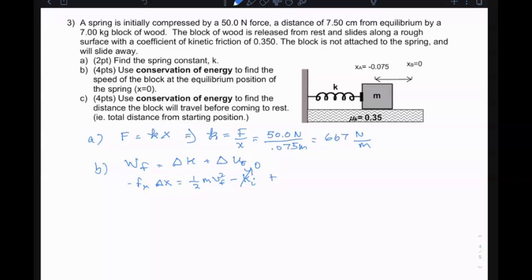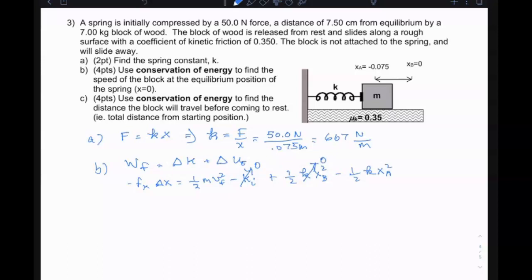Then we can write the change in the elastic potential energy as equal to the difference between the final elastic potential energy, which is 1/2 k xb squared, minus the initial elastic potential energy, which is 1/2 k xa squared. But xb is equal to 0, so this term is 0.